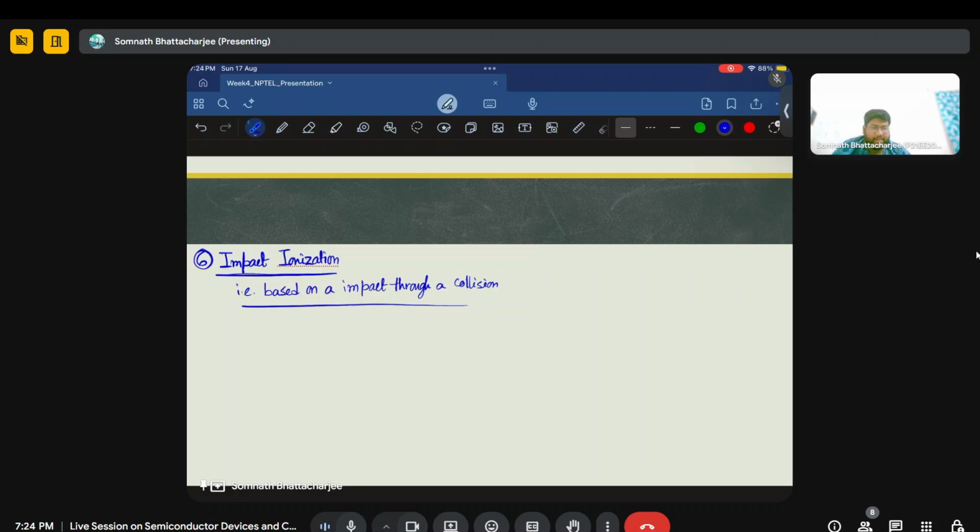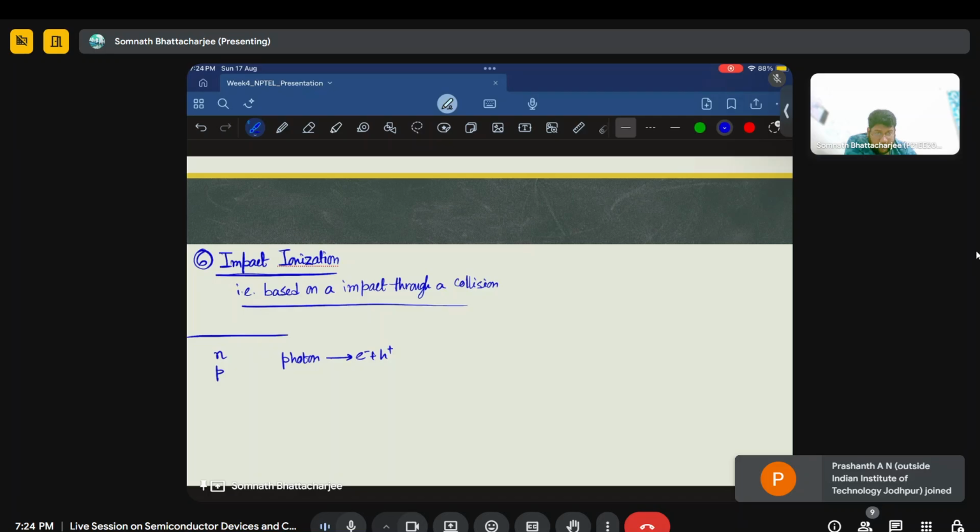So these are the basic phenomena of recombination and generation. What happens in these cases is that we have a set value of carrier concentration, n for the electrons, and also p. So we have a fixed value of n and p. Now, let's say a photon is breaking like this, so it's generating an electron and a hole.